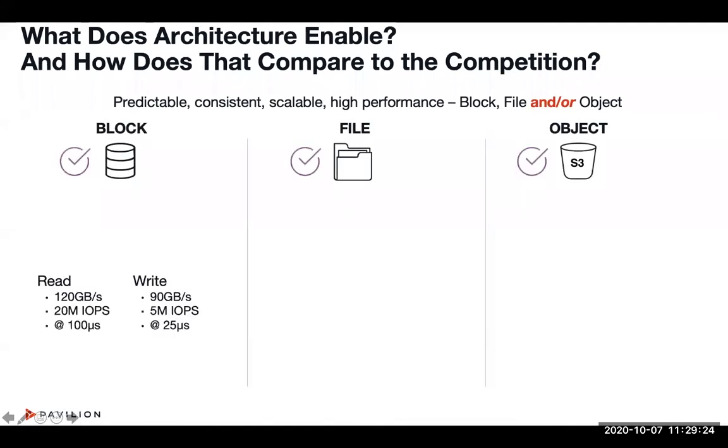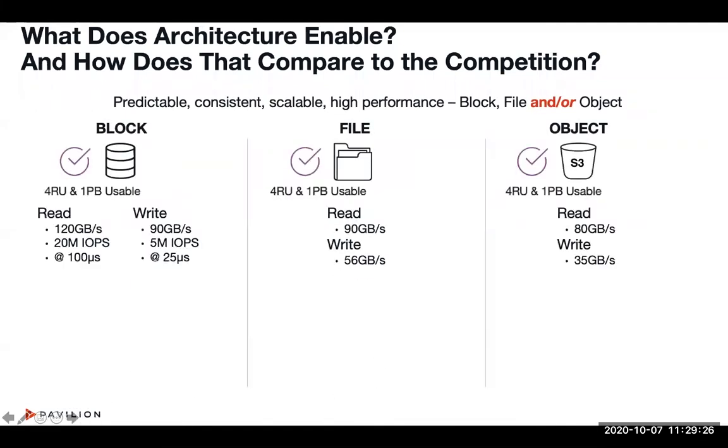And speaking of performance to the end client, that's actually the next thing I'd like to talk about: the way we're able to deliver predictable, consistent, scalable, high performance for block, file, and object. That's one of the key things I want to highlight here, that we're able to provide extreme high performance for all three types of data.